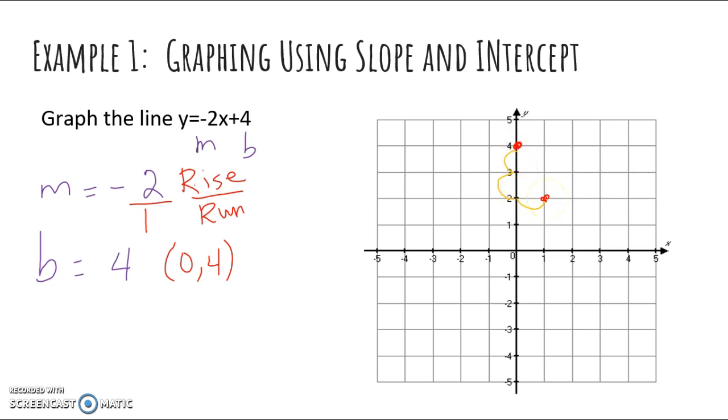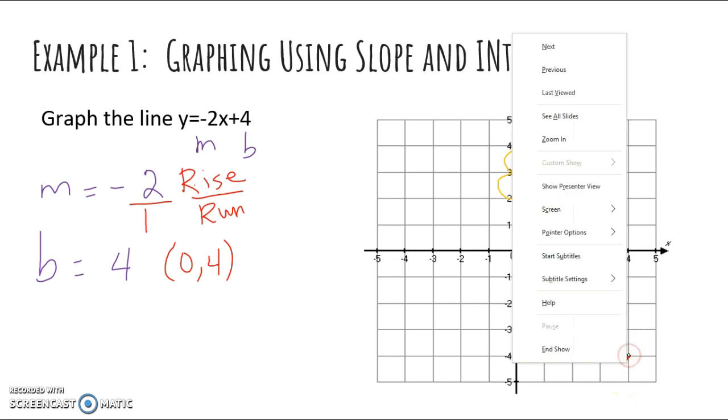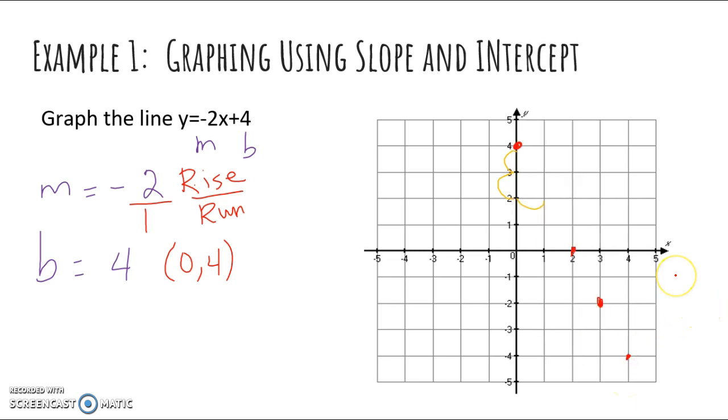If you want to, you can do more points. You can do this pattern again, down 2, right 1, down 2, right 1, down 2, right 1. And then, oops, what happened to our point there? Disappeared.